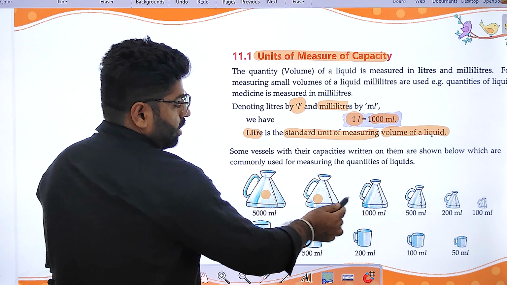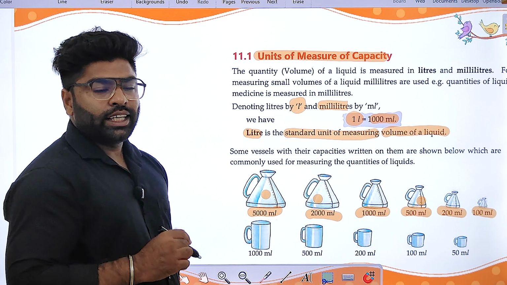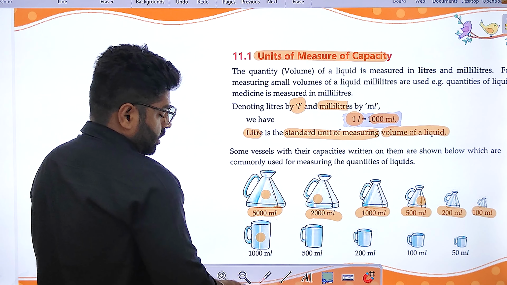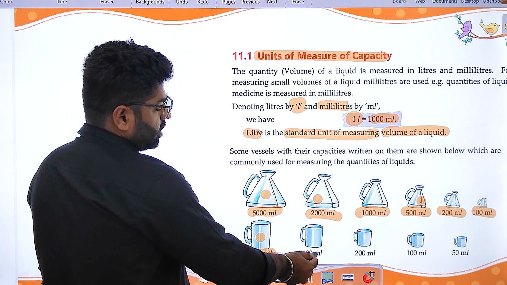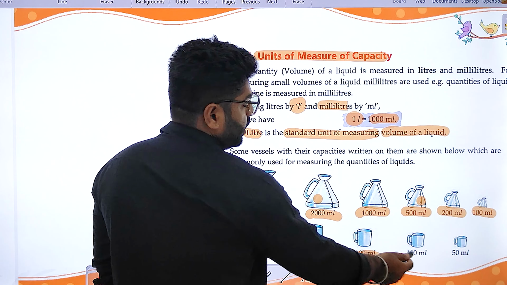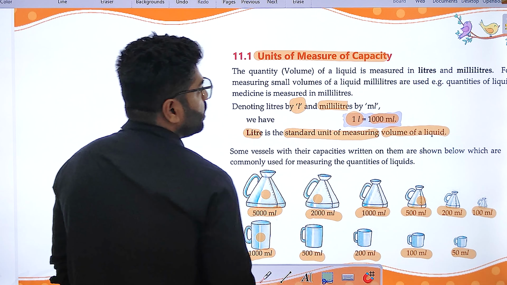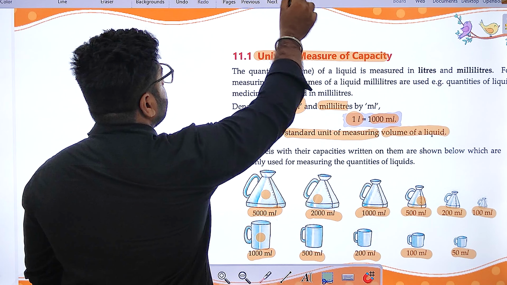And these types of mugs or utensils are used by dairy owners or milkmen to measure the milk. And you have seen these kinds of utensils on the milk dairy. So for 1000 milliliter, we have this utensil. For 500 milliliter, 200, 150 milliliter. Clear?